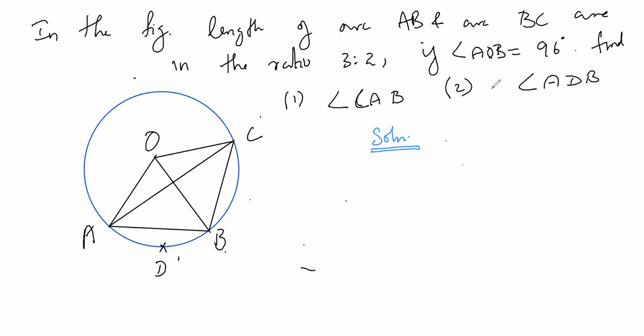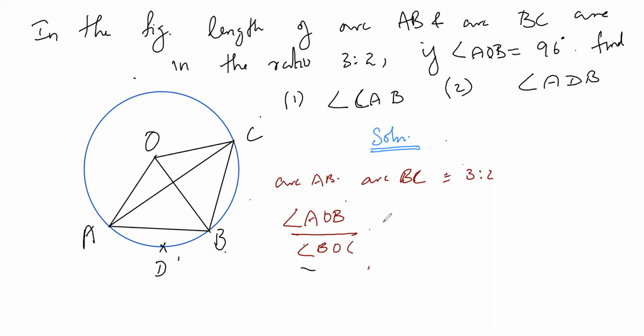Solution for this. So it is given already in the ratio 3:2, correct? So arc AB is to arc BC is equal to 3:2. Which means angle AOB by angle BOC is equal to 3/2.